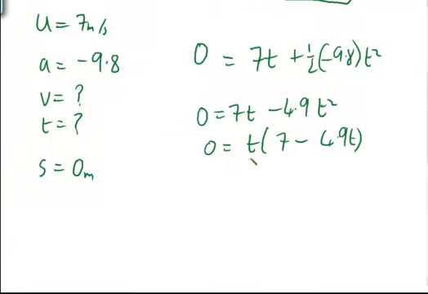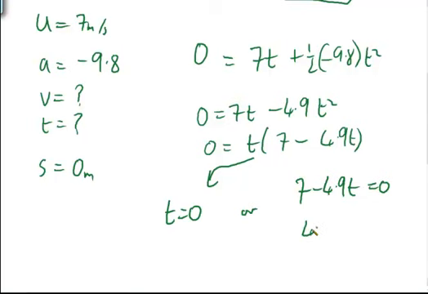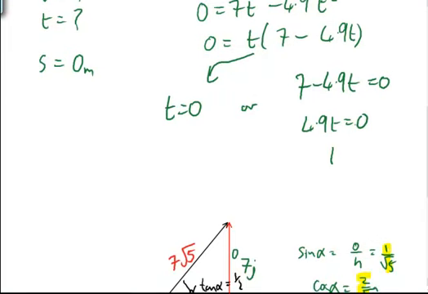From this we know that either t is equal to 0, which is when s is 0, or 7 minus 4.9t is equal to 0. So 4.9t is equal to 7, or t is equal to 7 over 4.9.